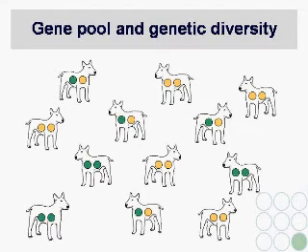If this is the lens luxation gene, then some dogs are clear, they have two copies of the clear allele, so they have two orange dots representing that. Some dogs are carriers or heterozygous, so these are the dogs with the green allele and the orange allele. And some dogs are affected, so they have two copies of the affected or disease allele, two copies of the green gene here, and these dogs are what we call homozygous. They have two copies.